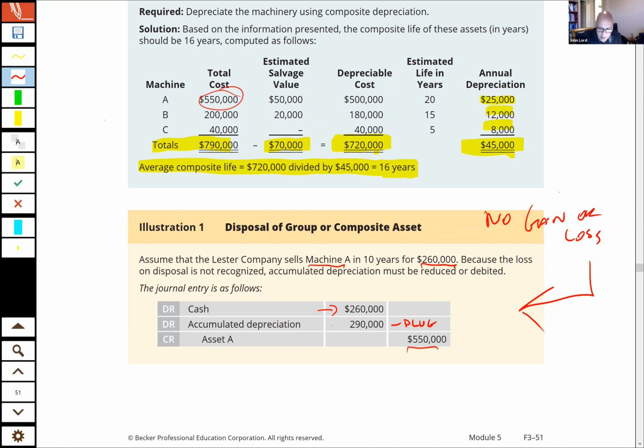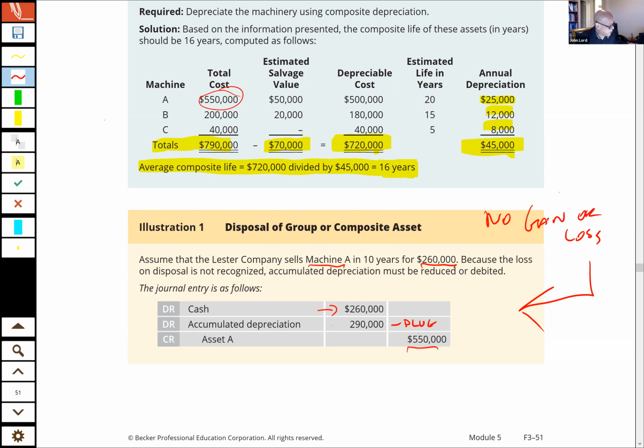You simply debit the accumulated depreciation for the difference between the cash and what you had originally paid for that asset. I know it said debit or credit the accumulated depreciation. It's highly unlikely that you're going to be able to sell an asset after some time for more than you had paid for it some time back. I mean, assets just generally don't work that way unless it turns out there was some vintage something or another. So generally, it'll be a debit to accumulated depreciation. There's no gain, or in this case, there's no loss calculated. You debit accumulated depreciation.